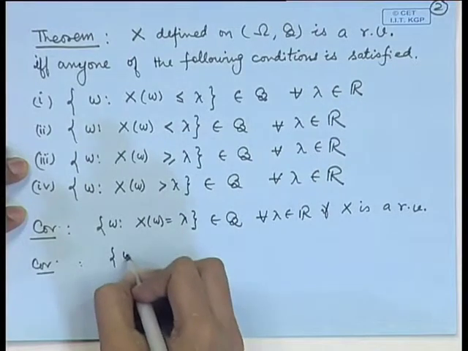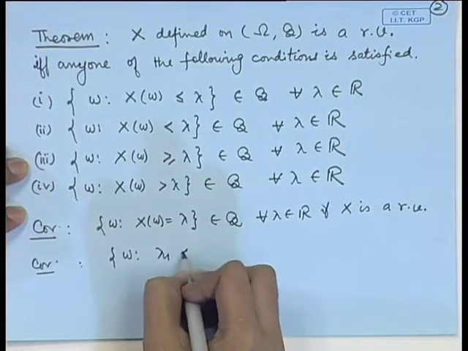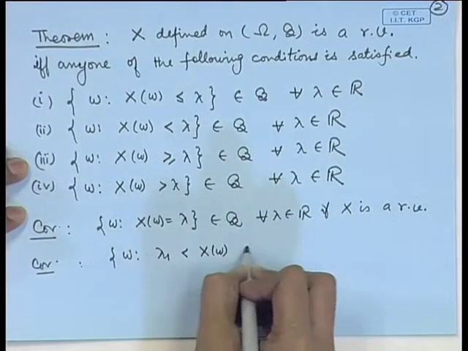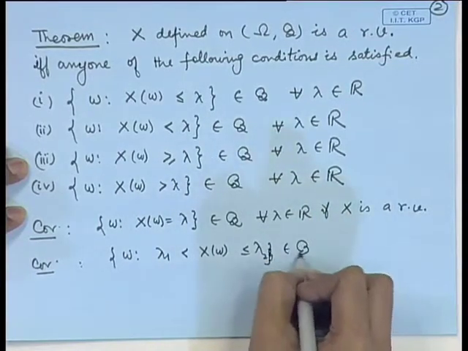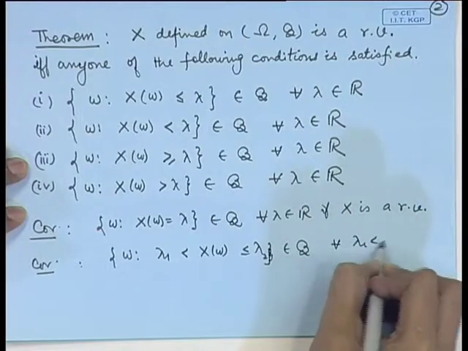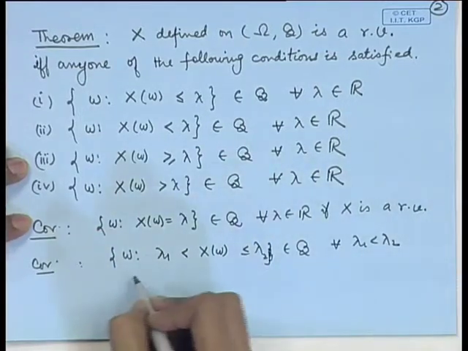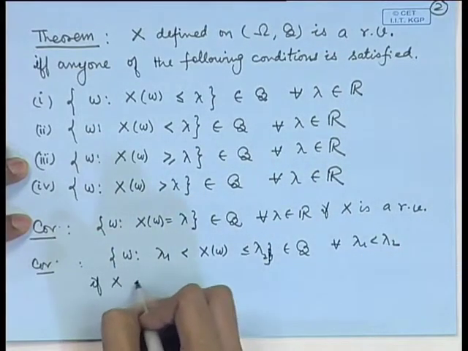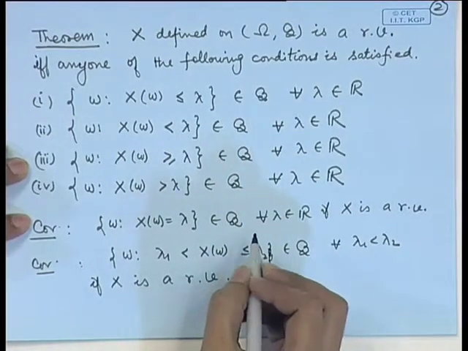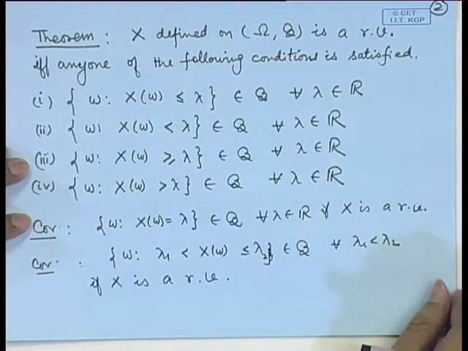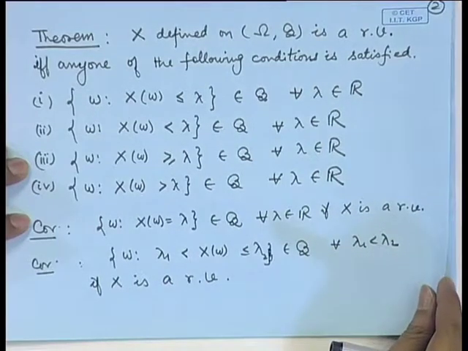Similarly, if I consider the set of all those omegas such that, if X is a random variable. So, these are some natural consequences. Let me just give an example here to show how you will check the condition of measurability.